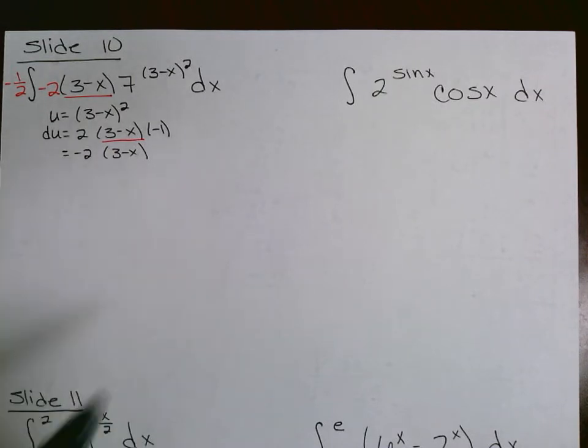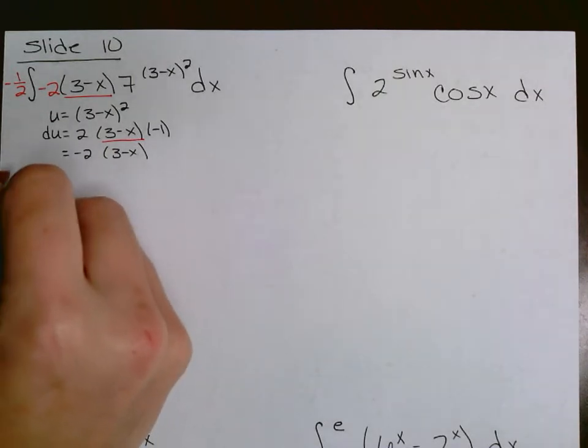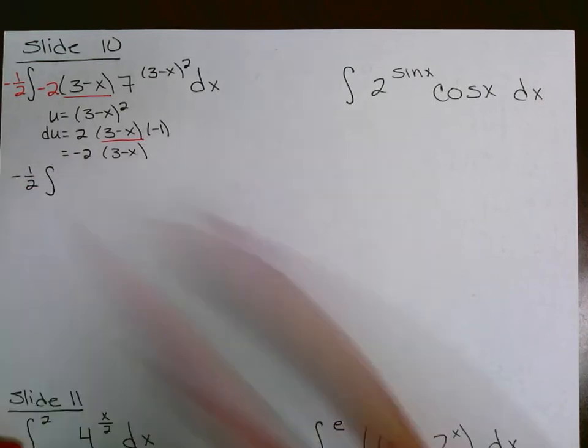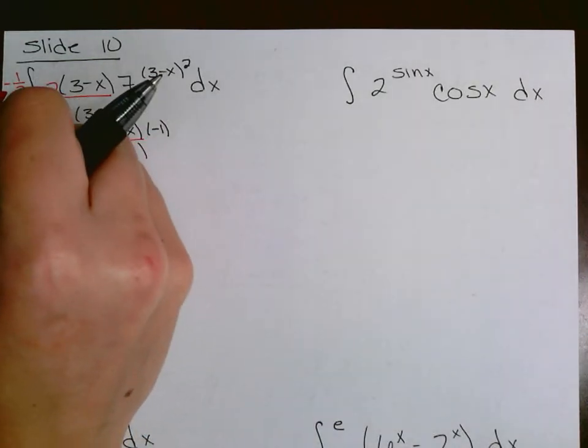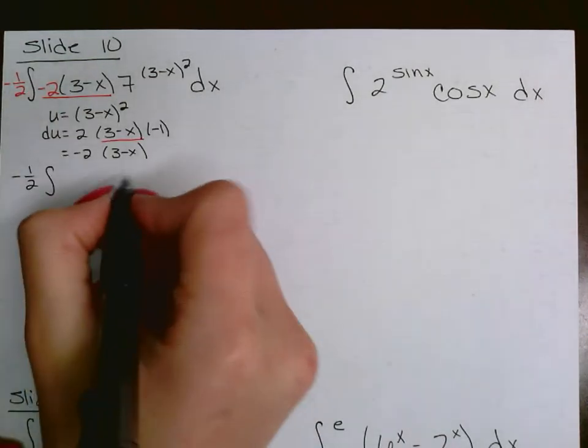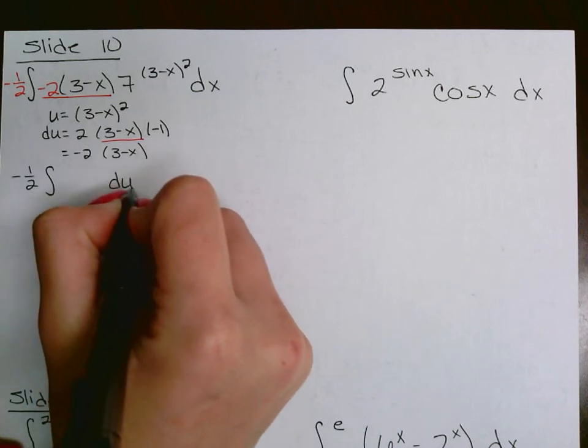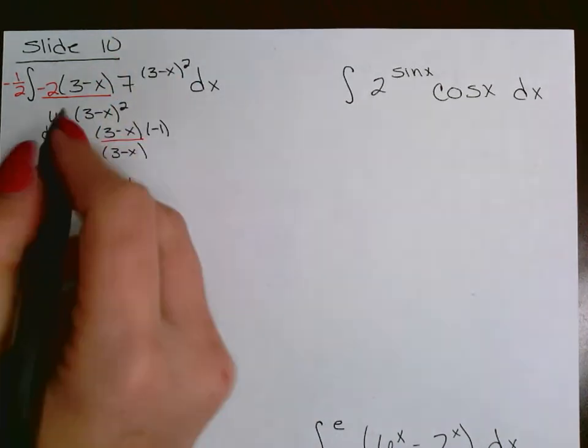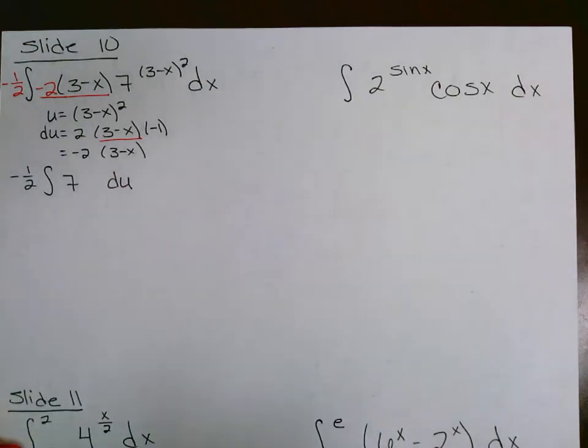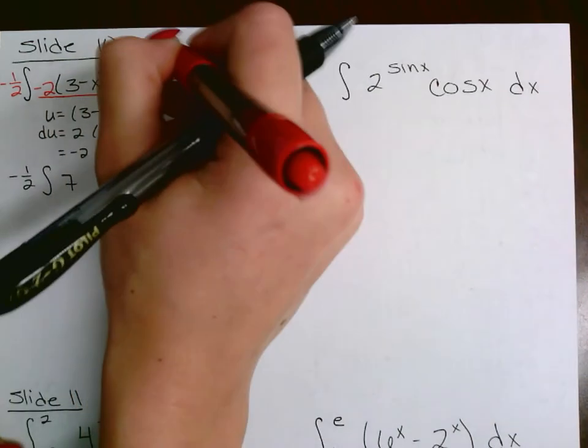All right, so now we're going to our rewrite. We have negative 1/2 integral. This entire portion is now my du, so I'm going to write the du at the back. And now I'm left with 7 raised to, remember that entire exponent was my u.